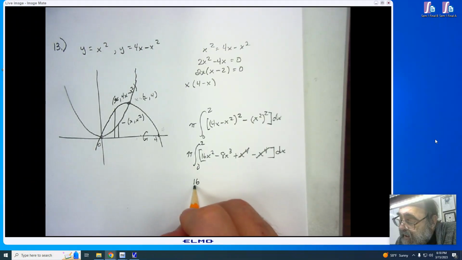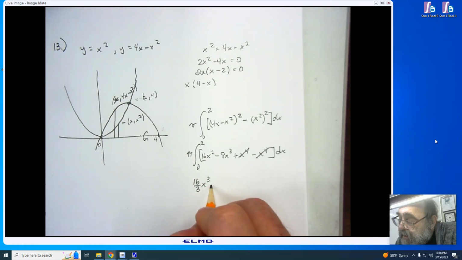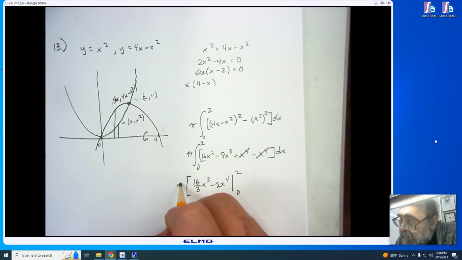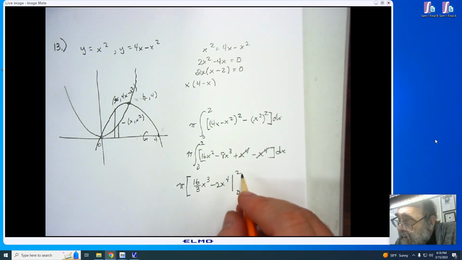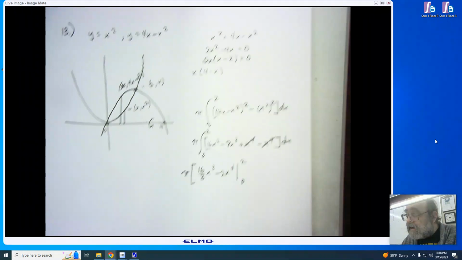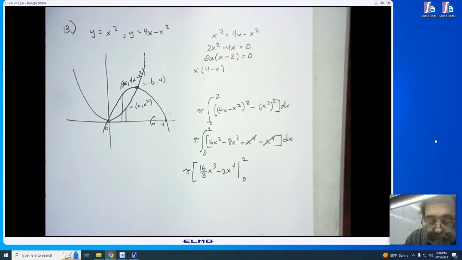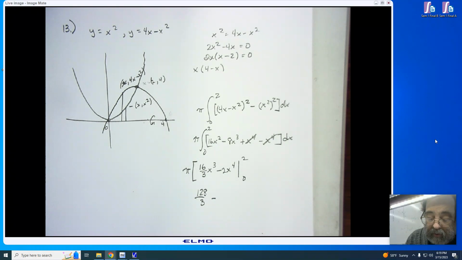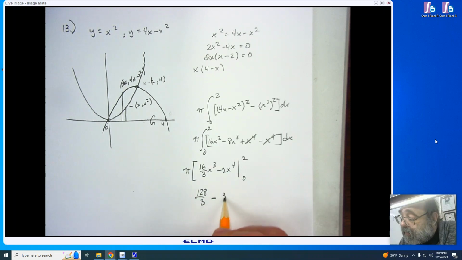So I have 16 thirds x cubed minus 2x to the 4th from 0 to 2 multiplied by pi. And this is giving me 8 times 16 for 128 thirds minus 2 times 16 for 32.